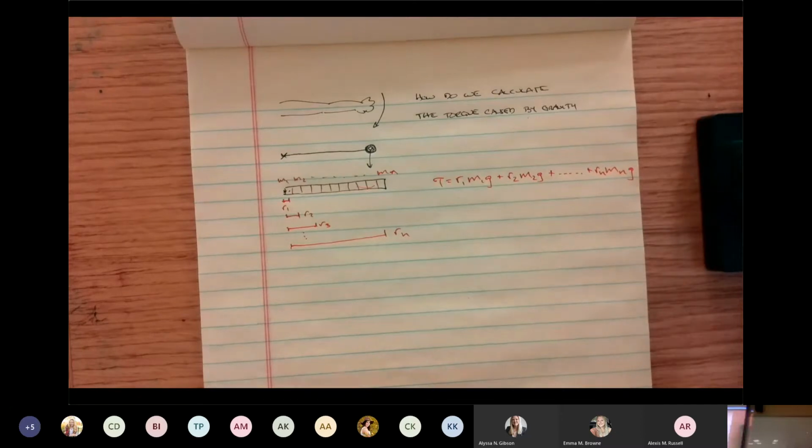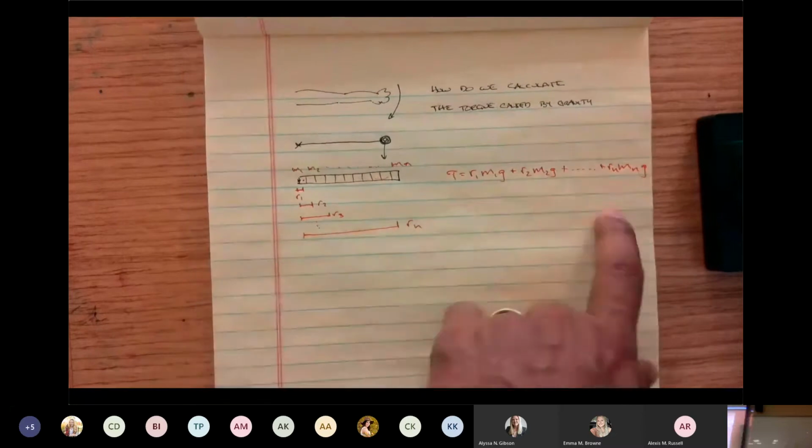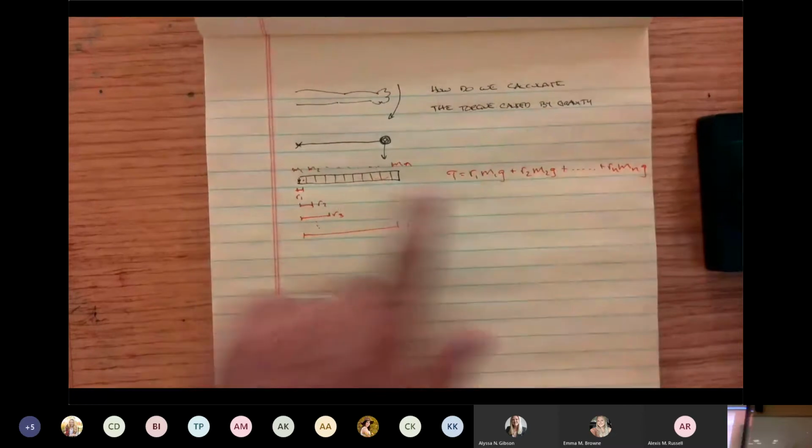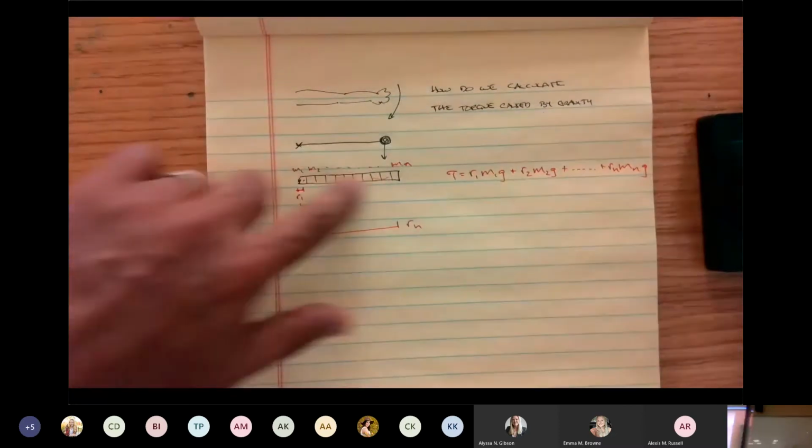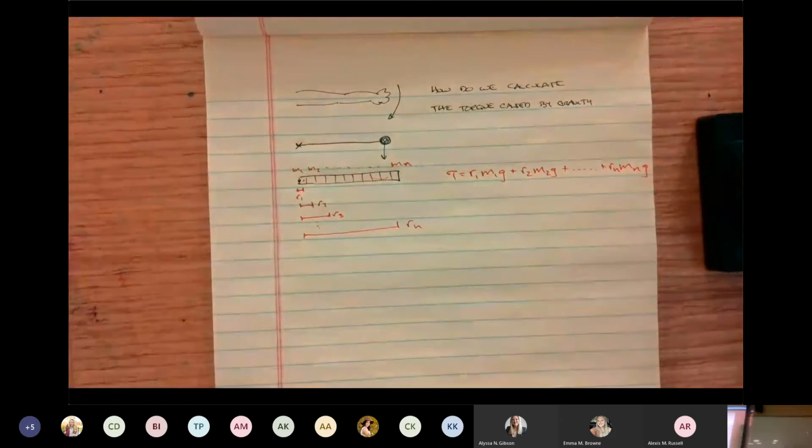We usually do this as an integral, so you integrate along this section, and we need to do that if you have an irregular body or something that has a very complex geometry.